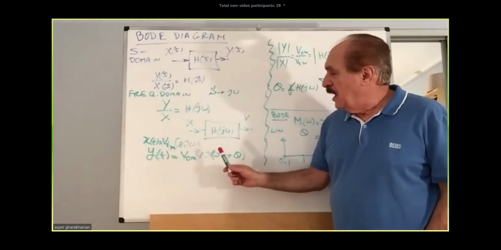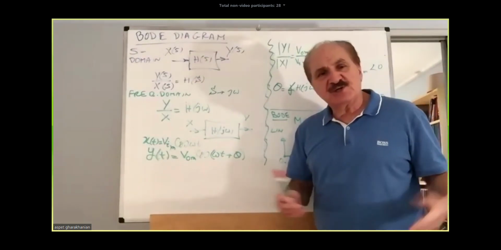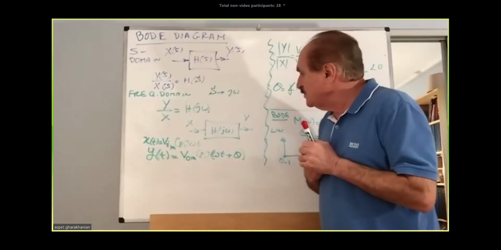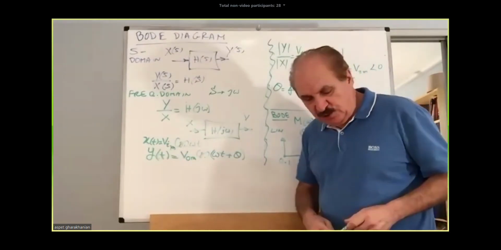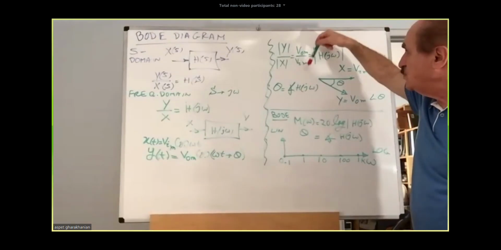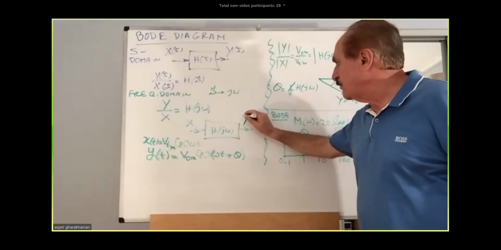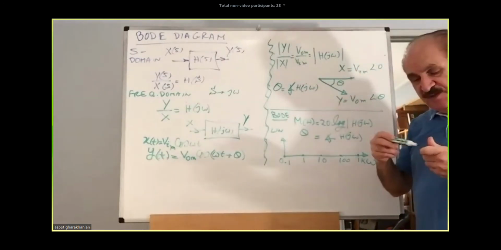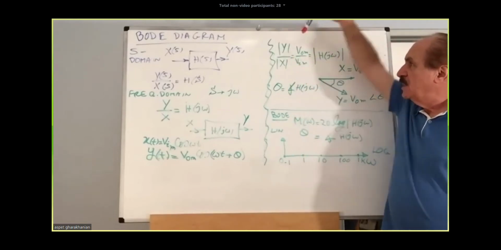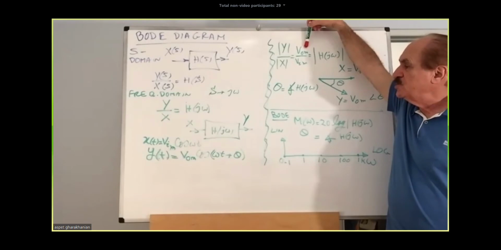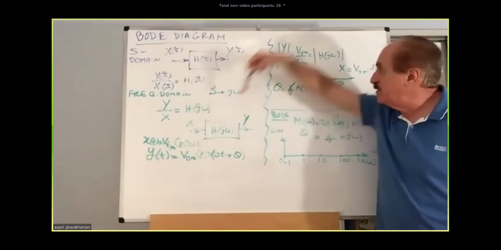However, how can we deduce the ratio of the output amplitude over input amplitude? This is defined as the gain. Well, simply the relationship of output amplitude to the input amplitude, VOM to VIM, is the magnitude of y divided by the magnitude of x, the output amplitude divided by the input amplitude.